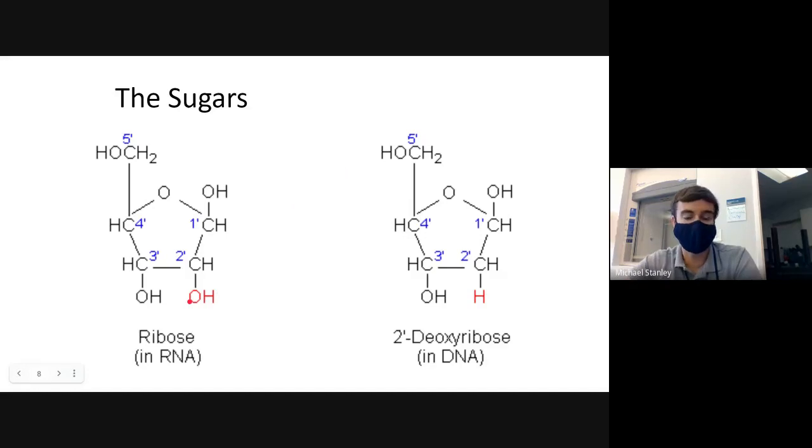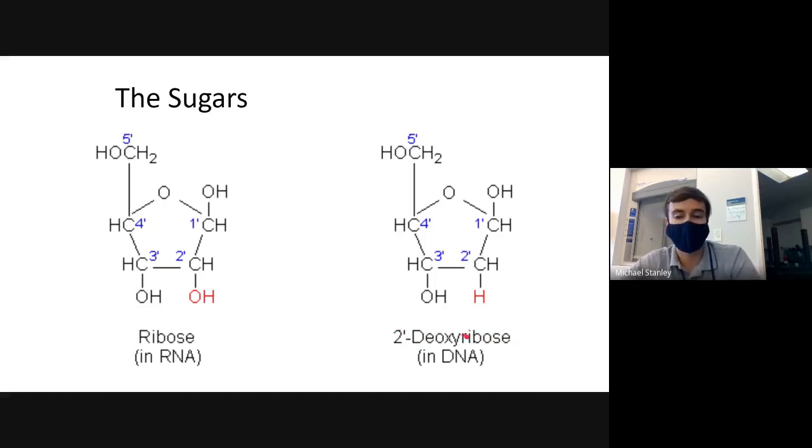So just as a little aside, the reason why we have the D in DNA, the deoxyribose part, is that the sugar, that five-sided sugar that goes into a nucleotide, has a name. It's called 2' deoxyribose.